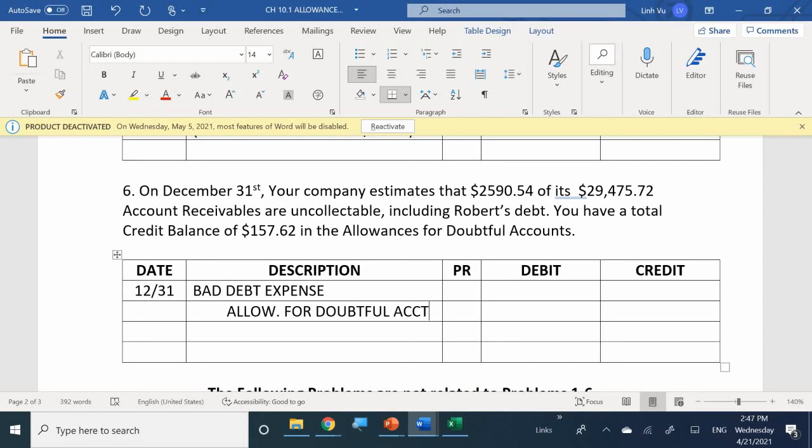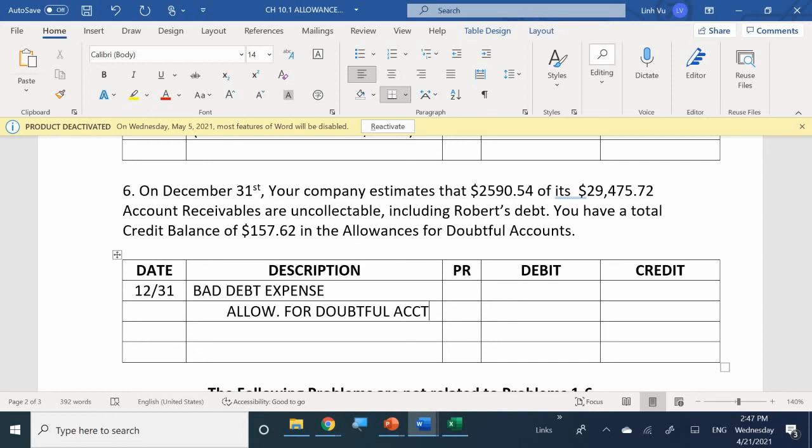When we're doing an estimate, this is on everybody. Robert was only $1,000 out of our 29,000. So yes, it's included in the balance.